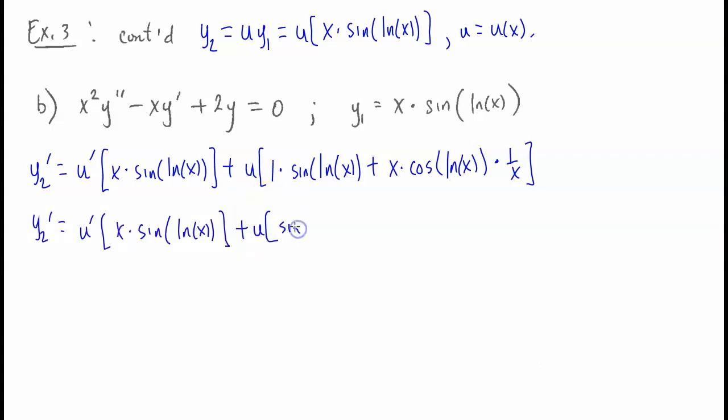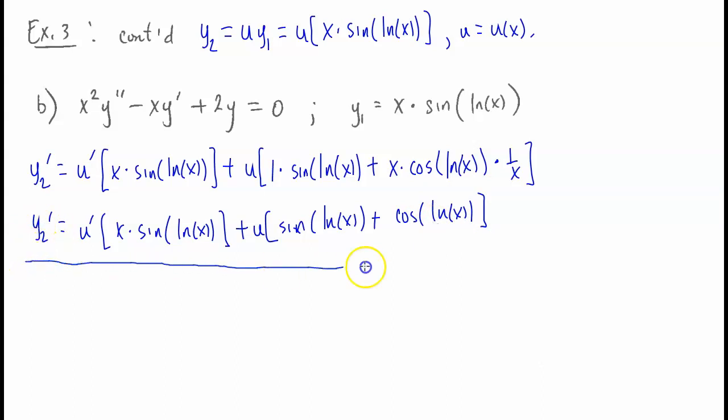Here, this will just be sine of natural log of x here, plus, and this just will be cosine of natural log of x. All right, so we know what first derivative of y sub 2 is. Now let's figure out the second derivative.